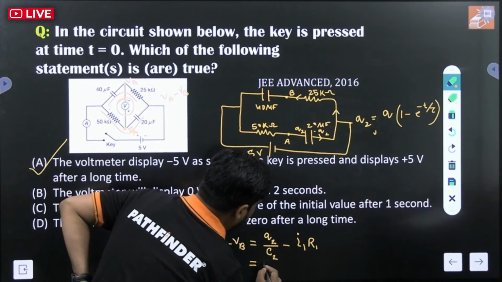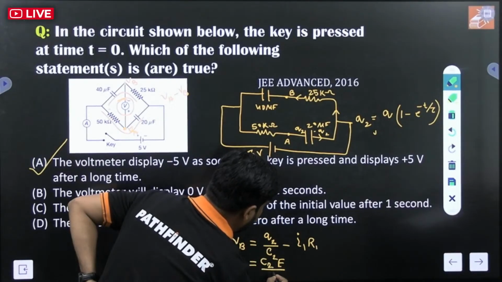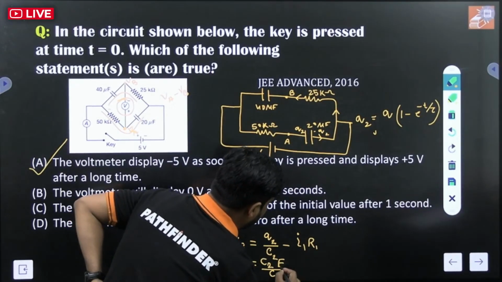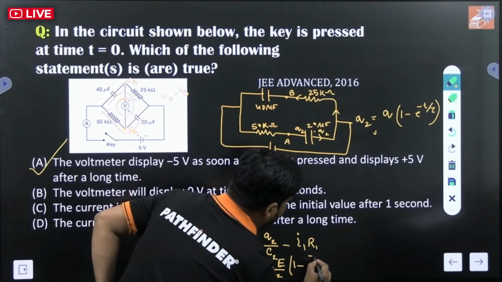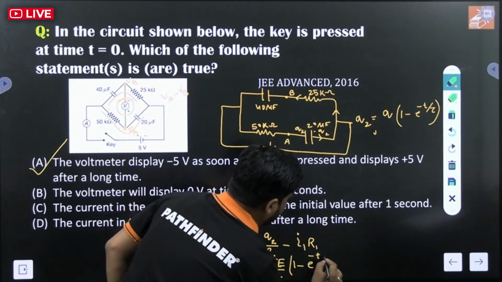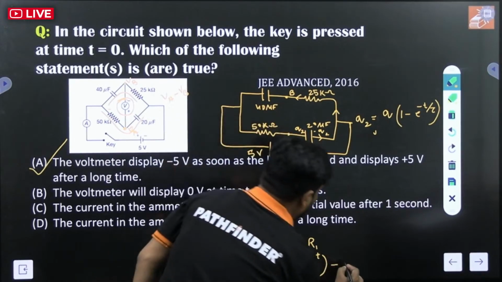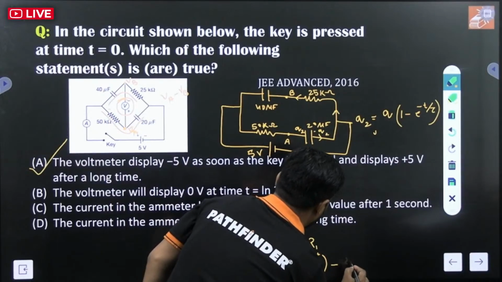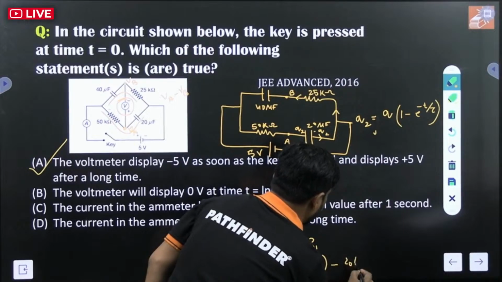So Q2 is equal to C2 E divided by C2 into 1 minus e raised to minus t by tau. What is the value of tau? It is 1 second. So we can write tau as 1 second minus this value. Can we write I naught into e raised to minus t, into R1?